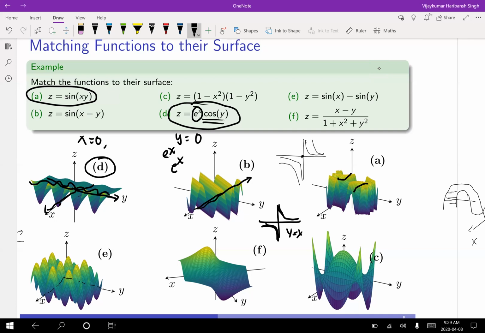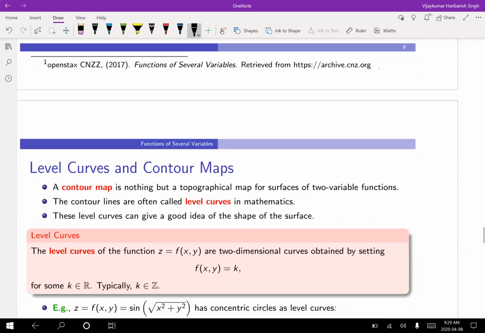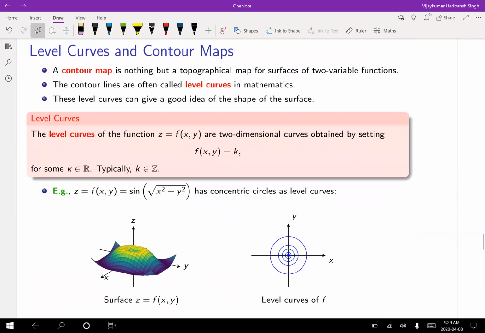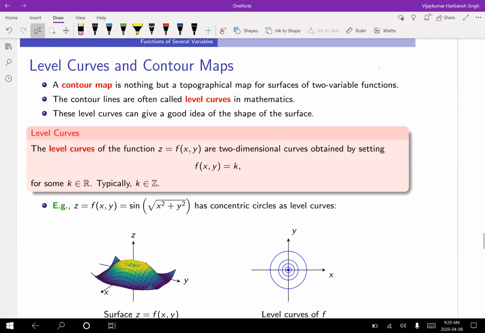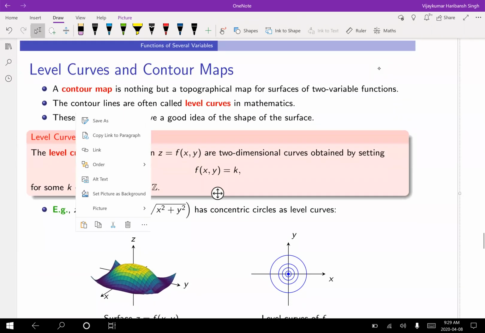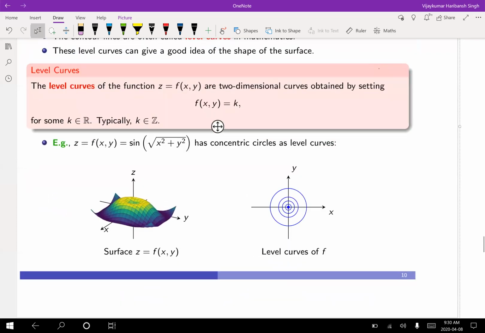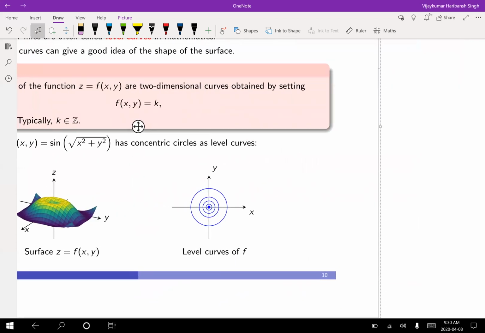level curves. So what are level curves? For z equals f of xy, level curves are two-dimensional curves obtained by setting f of xy equals k. Let me go through it using a simpler example.